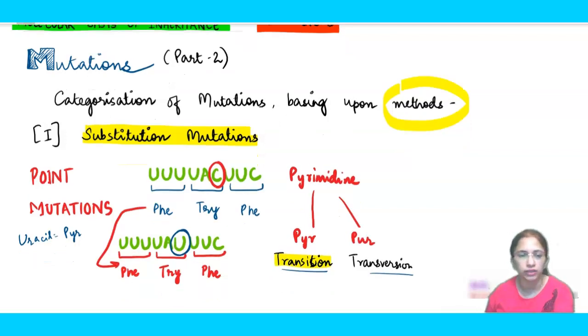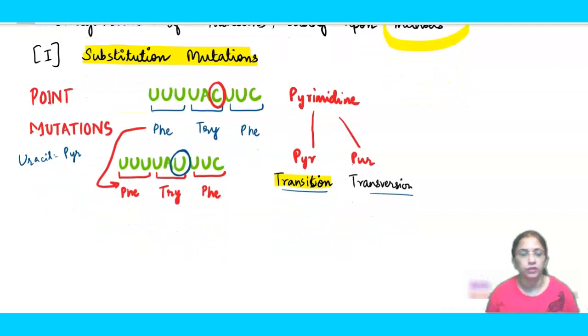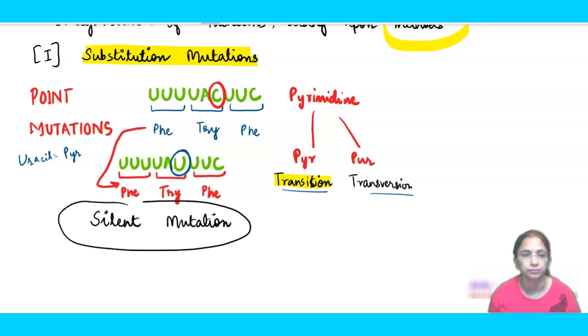Okay, so in this sequence there is no change that has happened, right? So if by mutation the sequence of the amino acids remains the same, it becomes an example of silent mutation as well. So silent mutation is a type of substitution mutation.